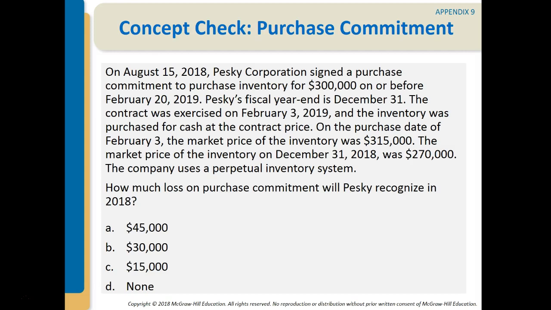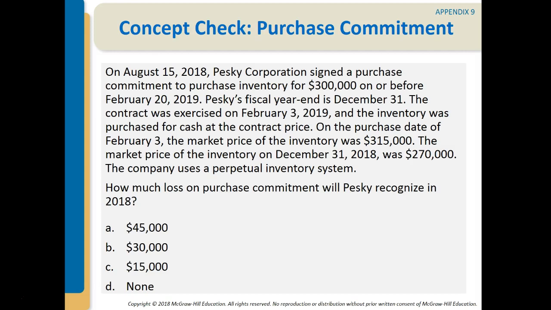On the purchase date of February 3rd, the market price of the inventory was $315,000. The market price of the inventory on December 31st, 2018 was $270,000. The company uses a perpetual inventory system. So how much loss on purchase commitment will Pesky recognize in 2018?